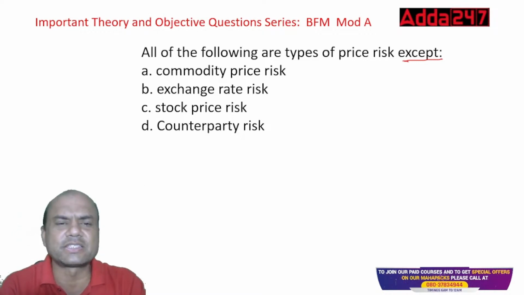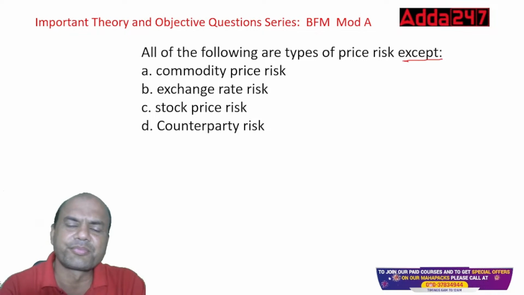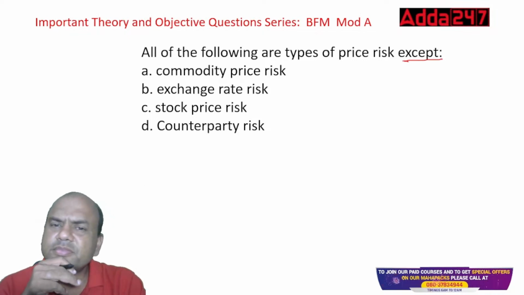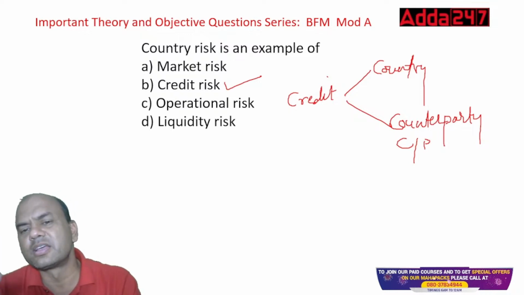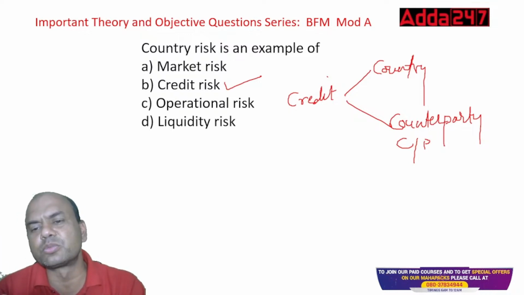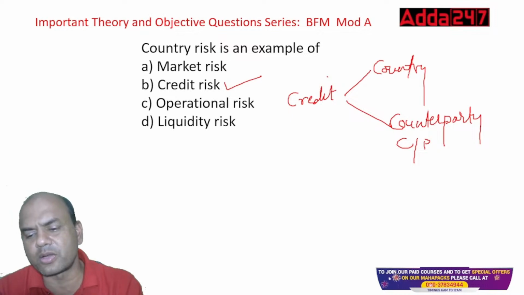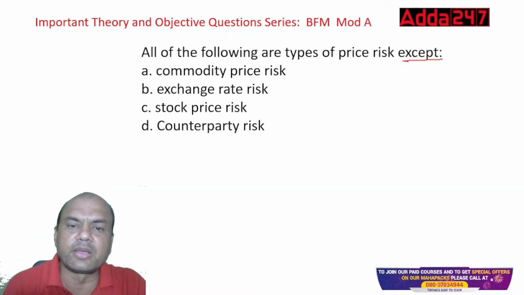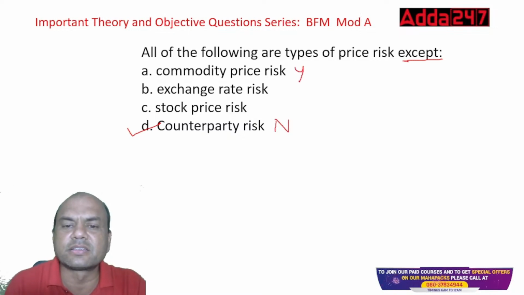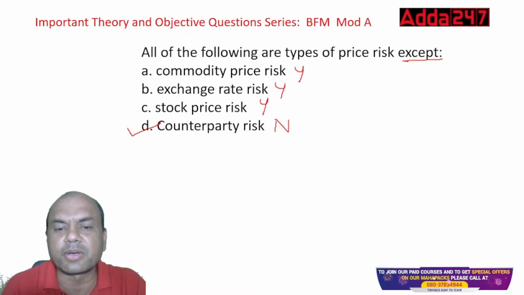Credit risk has two parts, country and counterparty. So counterparty will be a part of what? Will it be a part of price risk? No, it is a part of credit risk. This is yes, this is yes, this is yes. All these are price risks. But this is a part of credit risk.